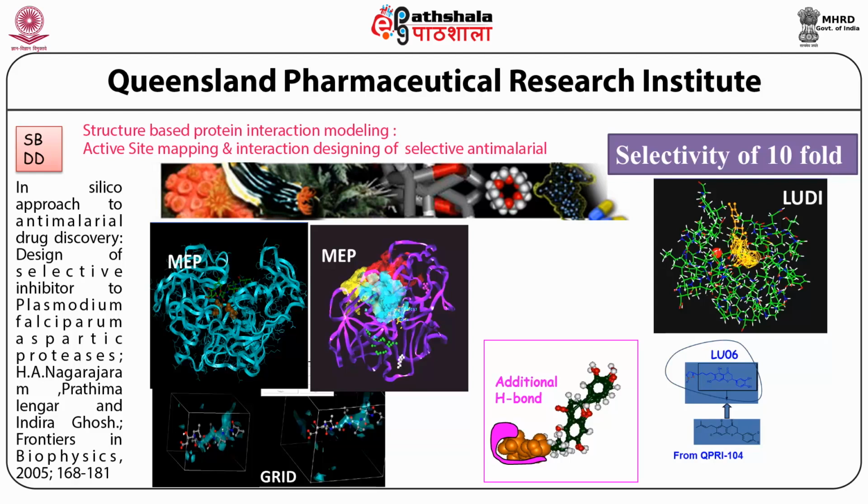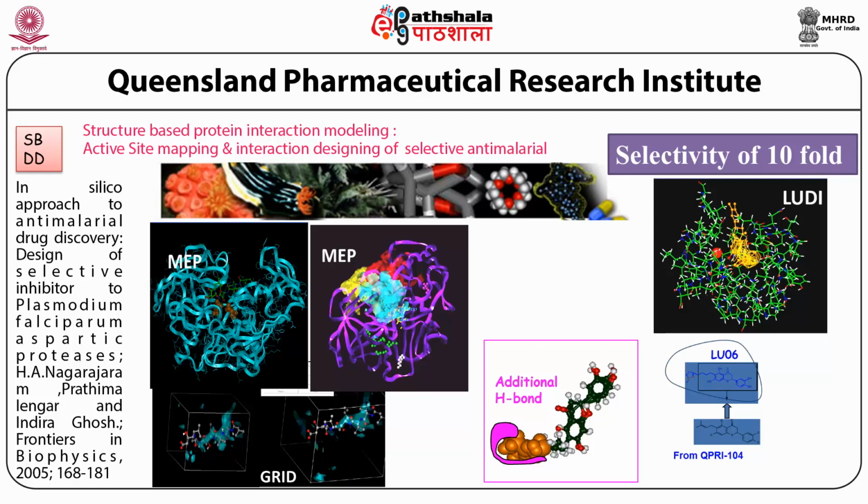What it does is take the interactive sites, put in the molecule which we already got by screening, and design different small fragment-based designs, and then identify which can have the best interaction. In the bottom right, you see what has been obtained.